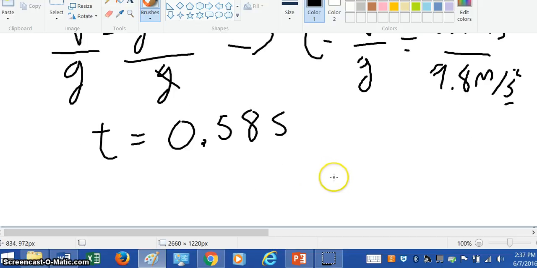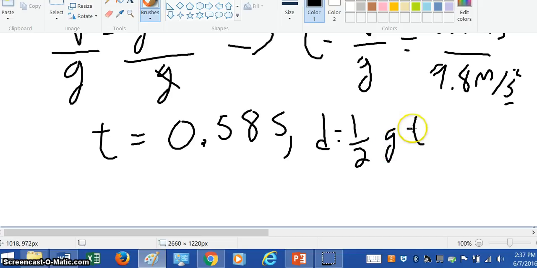Now we can actually solve for the distance. The distance is 1/2 g t squared. So now I'm going to put all the numbers in.